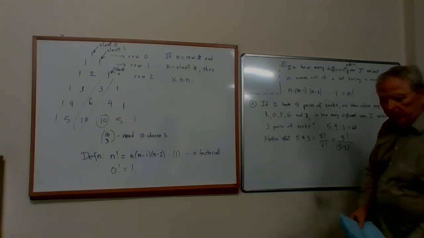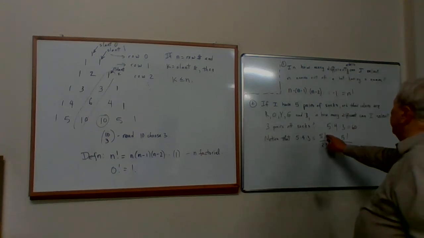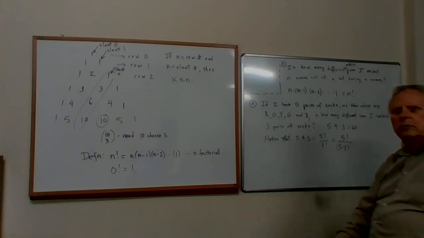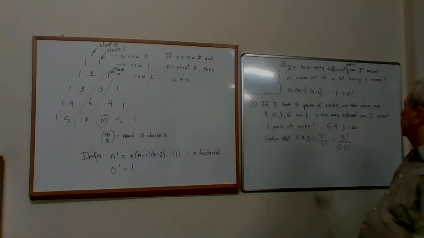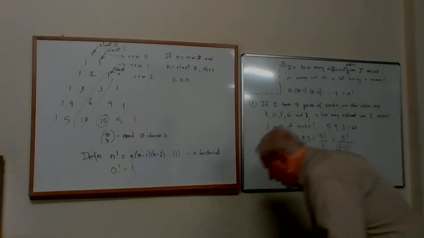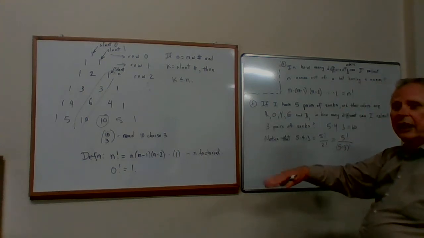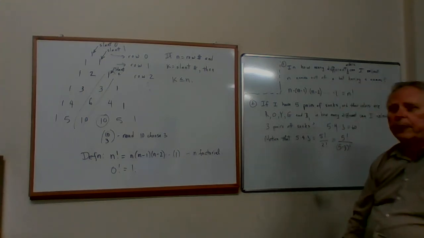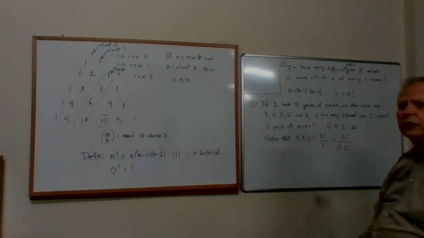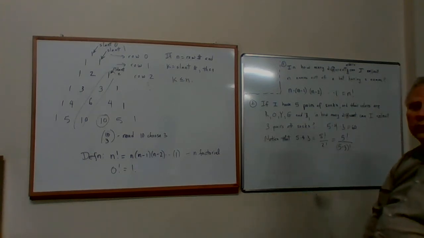Now, what's another way of thinking of this? There are 5 factorial ways of choosing 5 pairs of socks. That's 120 ways. But I'm not choosing 5 pairs of socks. I'm leaving 2 pairs of socks in the container. And however I chose the first 3 pairs, it doesn't matter what the order is of the 2 that are left.